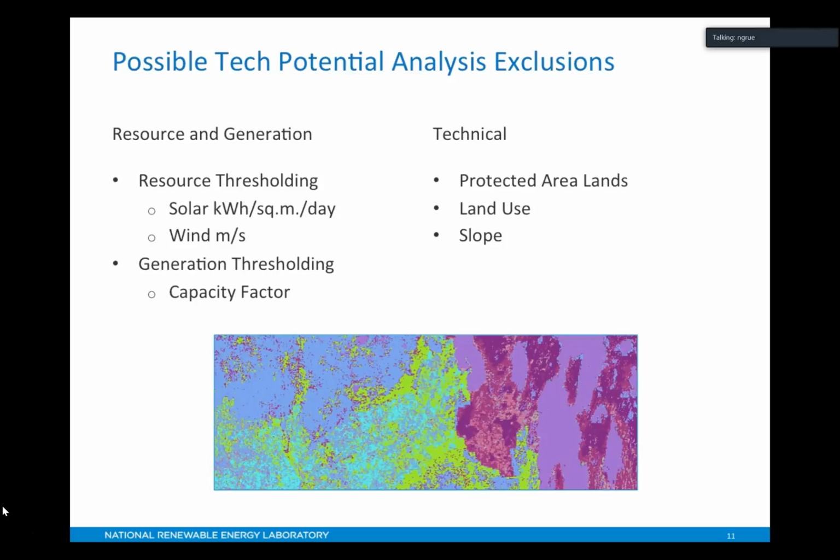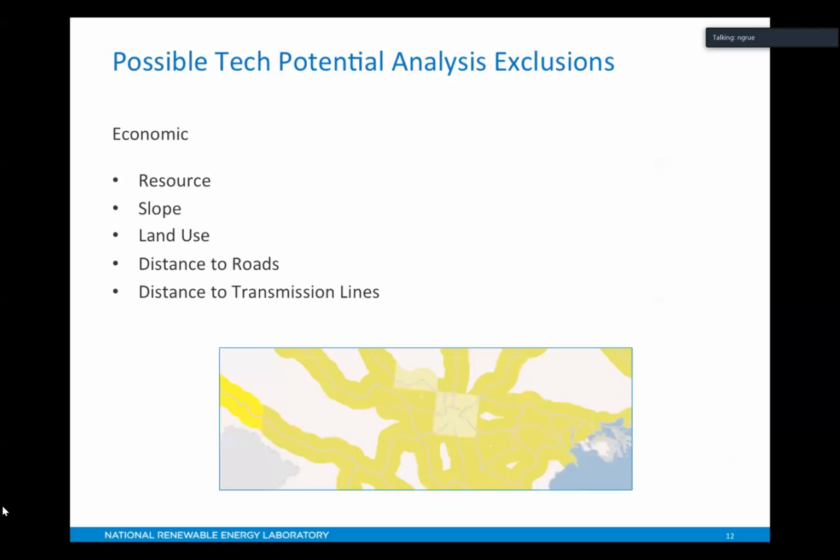For the technical potential, the actual technical part of the pyramid, you'll look at things like sloped land use, whether or not you're within a certain distance of the roads. There's a little bit of overlap here, but these are basically places that will make it more expensive to develop certain projects if you were to build there. Economic has to do with resource, slope and land use as well, and also distance to roads and distance to transmission lines.